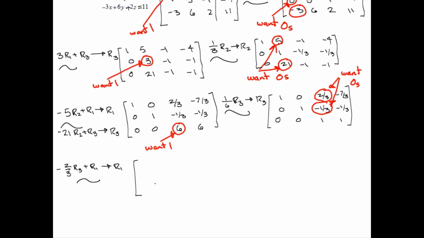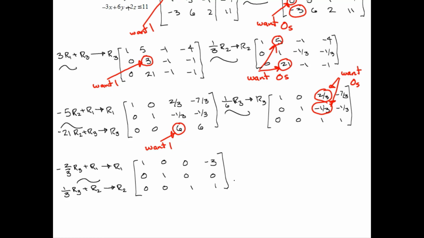When we do -2/3, row 3 plus row 1, we should get 1, 0, 0, -3. Now we want to do the second row, so take the opposite of that number. Take the opposite of the -1/3, that'll give me +1/3, multiplied by the row with the leading 1, and then add our row, and then back into our same row. This will give me 0, 1, 0, 0, and then my last row is 0, 0, 1, 1. It stays the same.